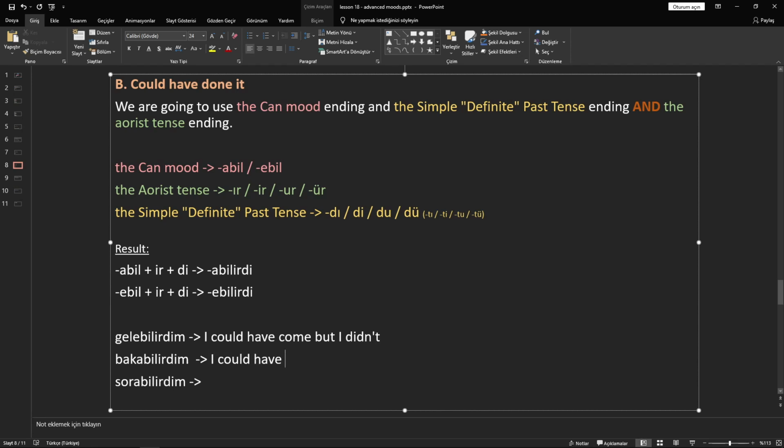I could have looked. I could have asked. I will skip this part a bit faster than before because now you understand the logic. You basically combine suffixes like ability, aorist, and past tense.